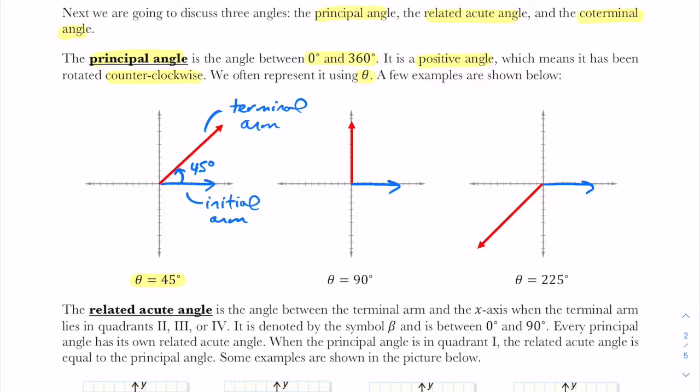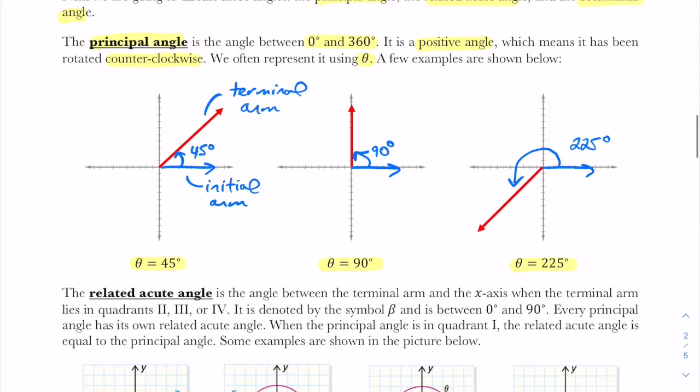This is what a 90-degree principal angle would look like. It's counterclockwise rotation by 90 degrees. And finally, you can imagine rotating counterclockwise by 225 degrees, which will place you somewhere over here. Okay, so that's the principal angle.